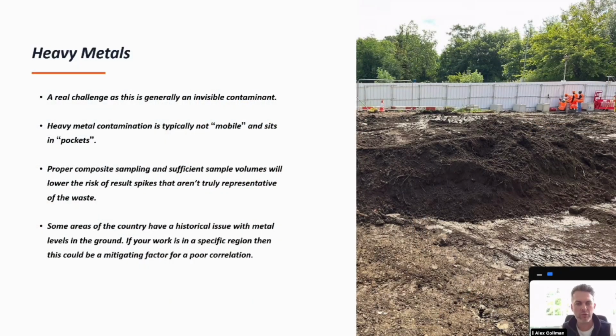So one of the big challenges is heavy metal contamination. There's no questions in the risk assessment regarding this, but ultimately because most of the time, almost invariably, it's an invisible contaminant. You will not see signs of metals contamination in soil. But there are things you can do. The way that heavy metals behave or are present in soils is they sit in pockets. They typically aren't mobile like a hydrocarbon would be that can leach through soils.